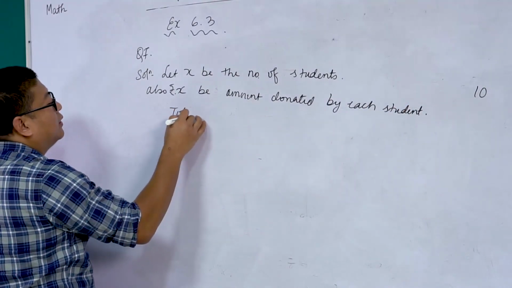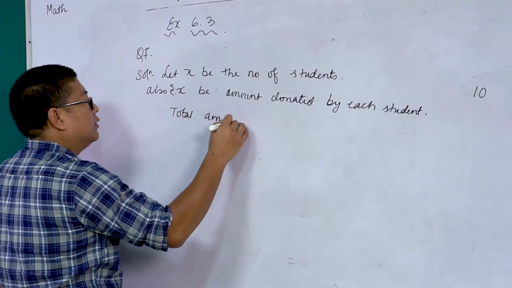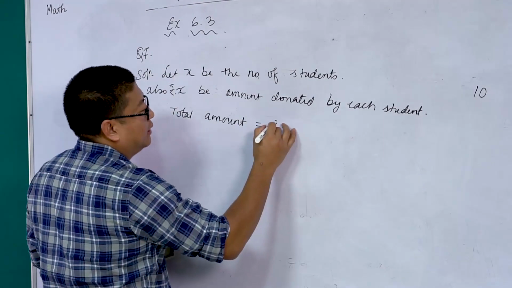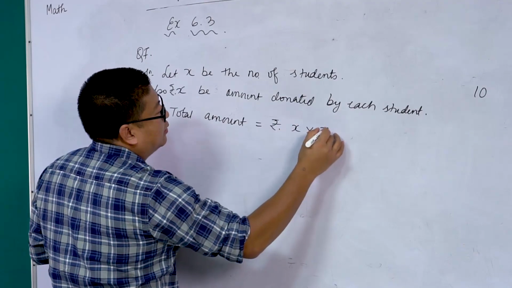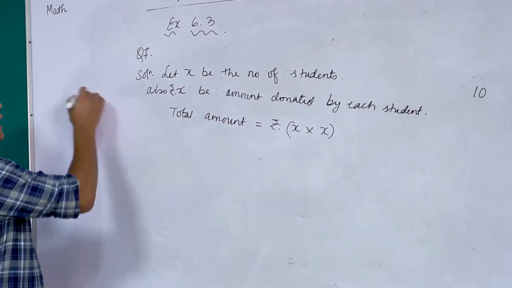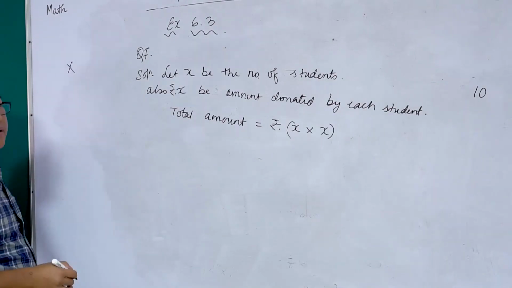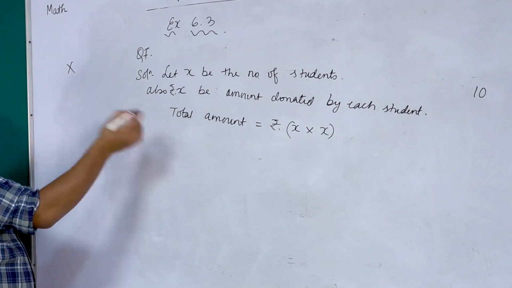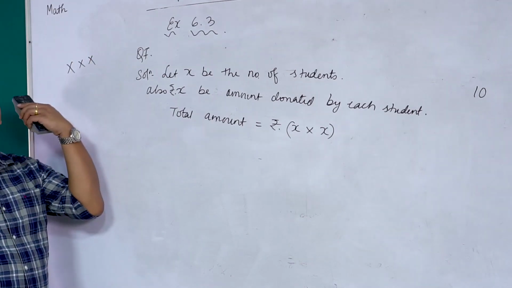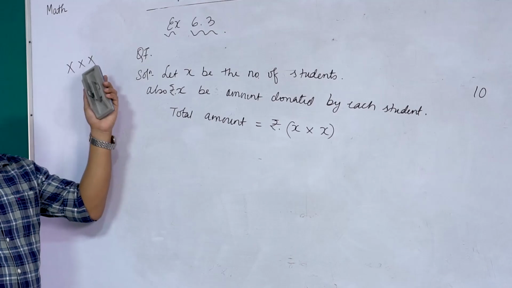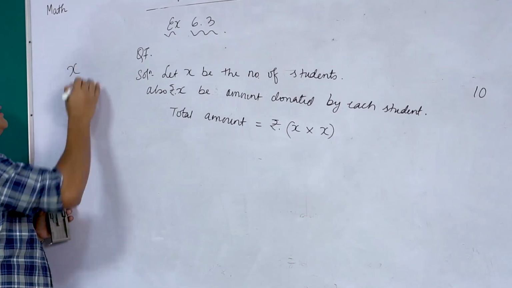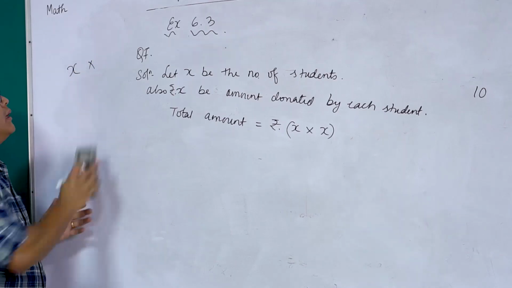So total amount will be this into this. X into X. Now please be very careful here, because if we write the normal usual X, X into X, we will not be able to differentiate which is multiply, which is X. So it is recommended you use X like this, multiply like this. All right.